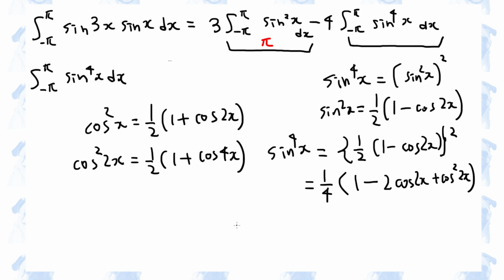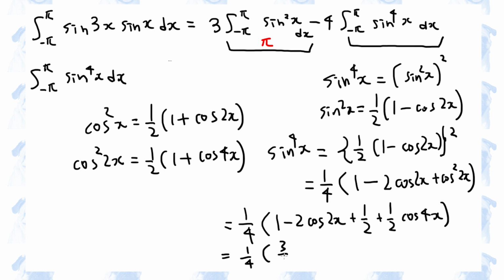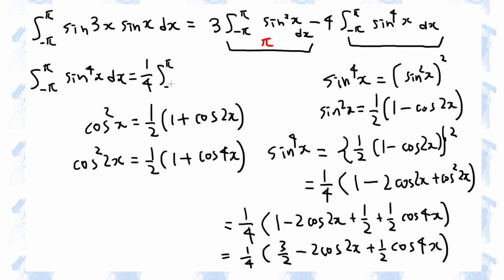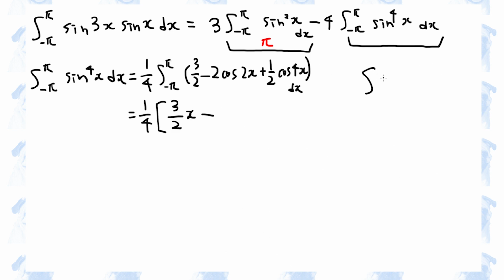So this is equal to, therefore, remember that the integral of cosine 2x is 1/2 times sine 2x. 2 times 1/2 is 1, so we have sine 2x.